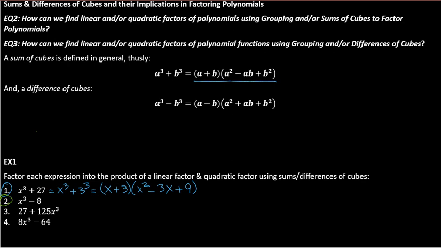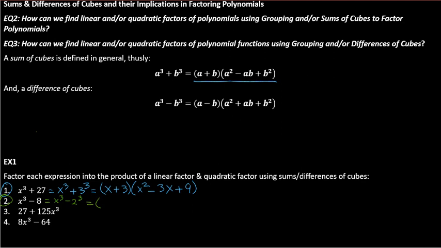Okay, so now we see we have a difference of cubes: x cubed minus 8, or x cubed minus 2 cubed. Same idea, except the plus and the minus are going to get flipped, right? That was the pattern we noticed a second ago.